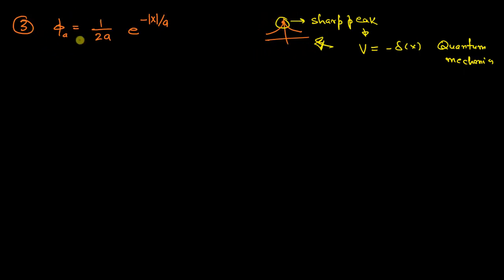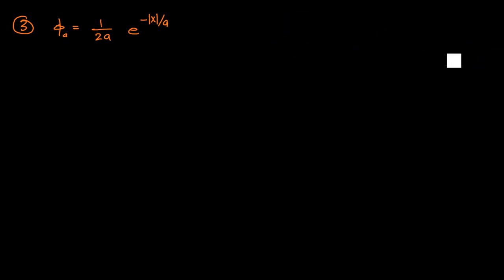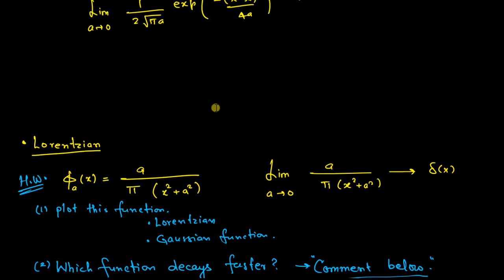So this wave function came from there, and you can also check that it is symmetric and all the properties follow. And if you take the limit a goes to 0, this function will also go to the delta function. So some homework: plot this function and verify these properties.